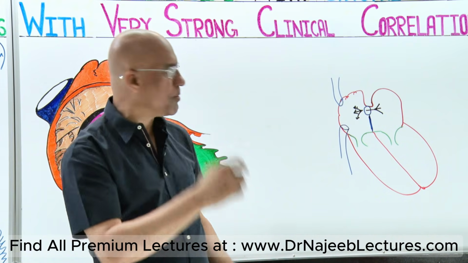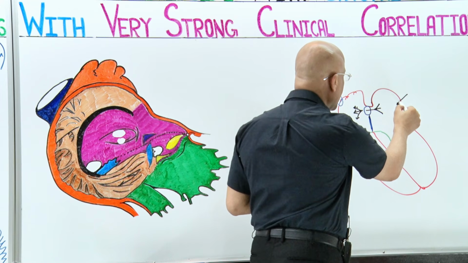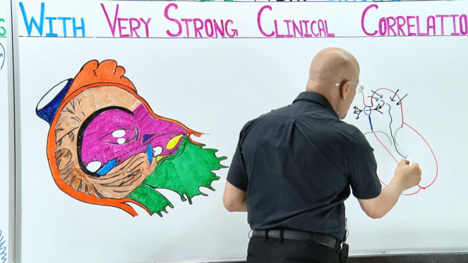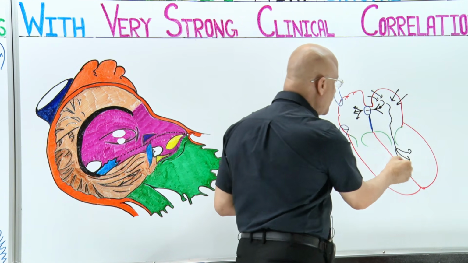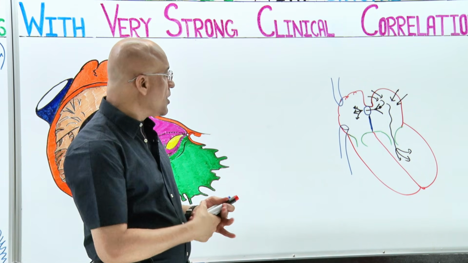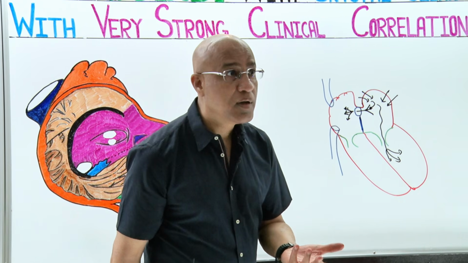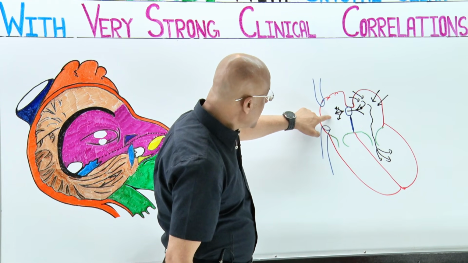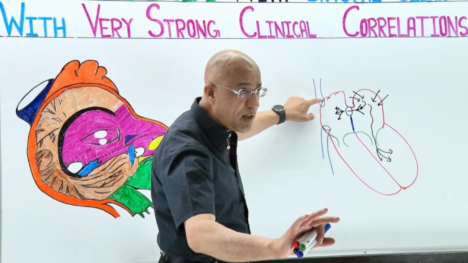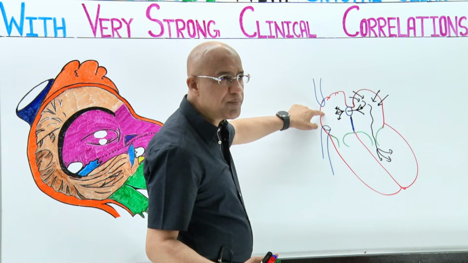Of course, most of the blood coming from the lungs will go to the left ventricle and systemic circulation, but the shunting part will make trouble on the right side of the heart. Which trouble? Volume overload. Because the right atrium is receiving blood from the superior vena cava and inferior vena cava, which is normal, and it is receiving additional volume from the left side.